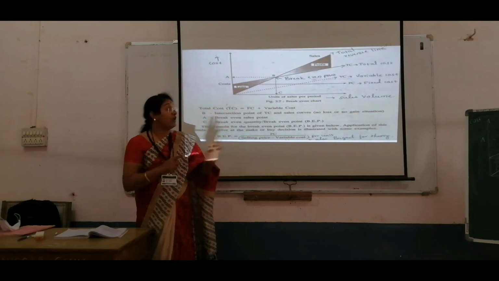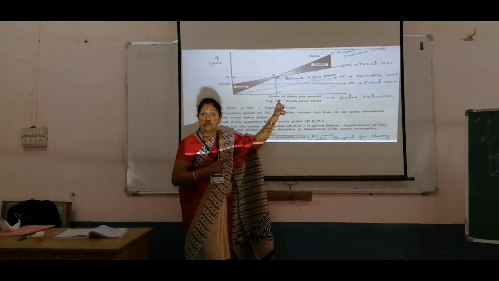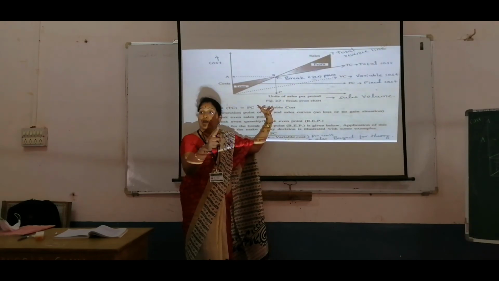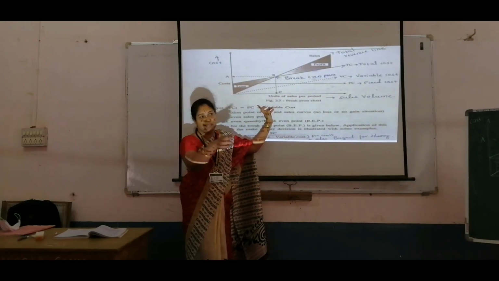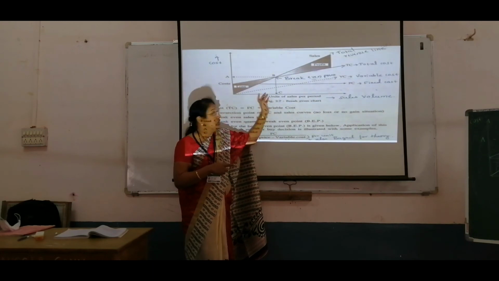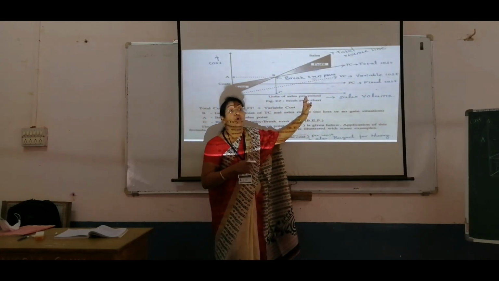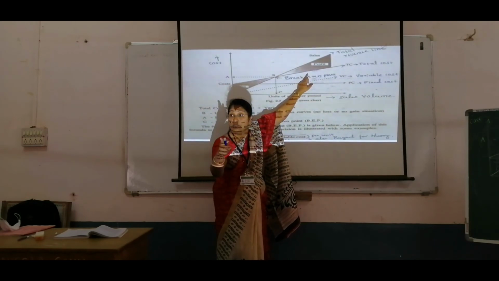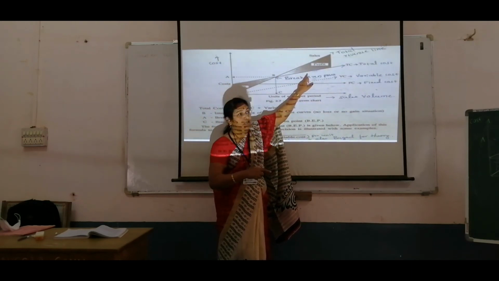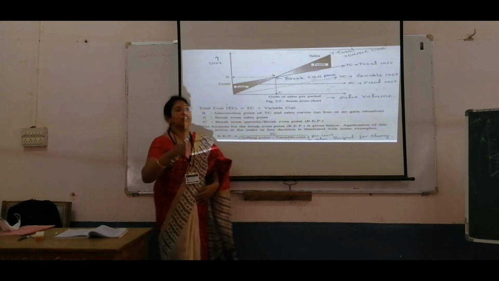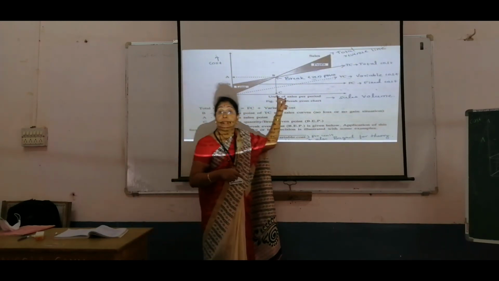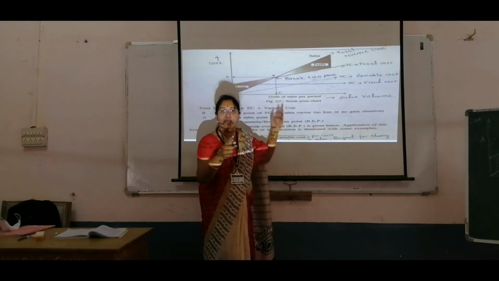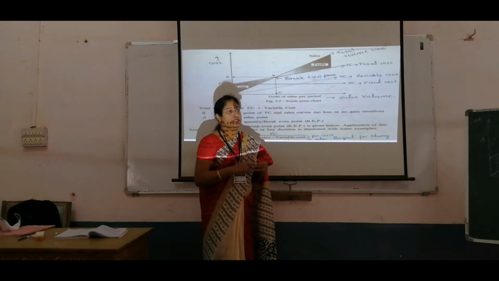So the decision is made according to this break-even point. If the quantity to be produced is less than the break-even point, it is better to buy it because it gives a loss. If the production quantity is more than the break-even point, it gives profit. In that case, it is better to make it. So the make and buy decision is made according to this break-even point. That is why this analysis is called break-even analysis.